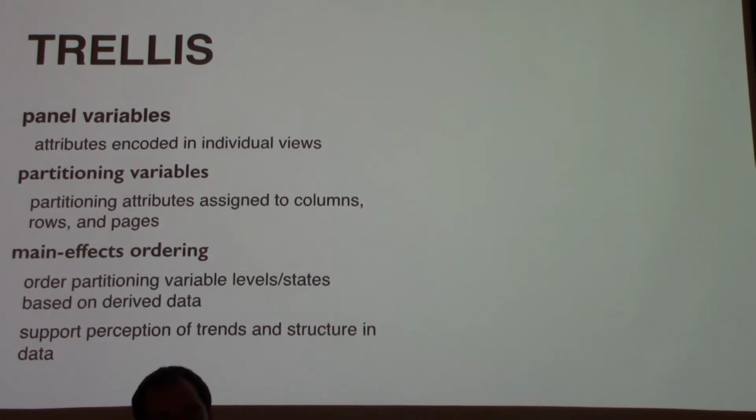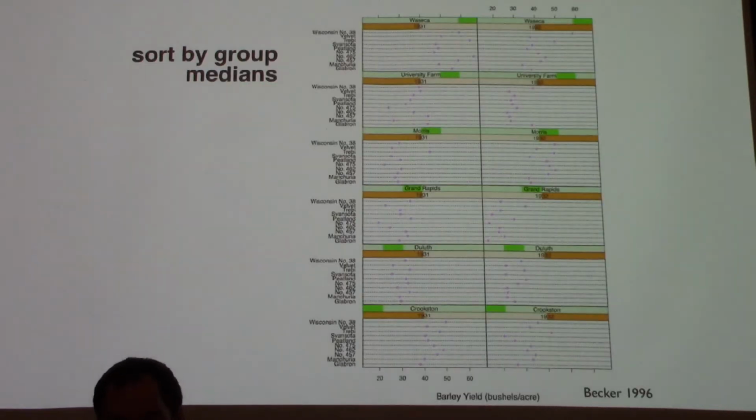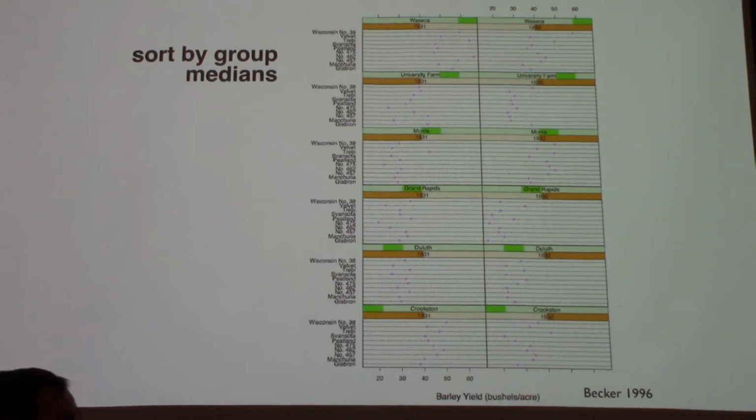So trellis plots are a way of partitioning data. You have panel variables, you have partitioning variables, and you also have an ordering. So here is a trellis plot. What this shows you is the yield of various types of grain in various areas for 2 years.